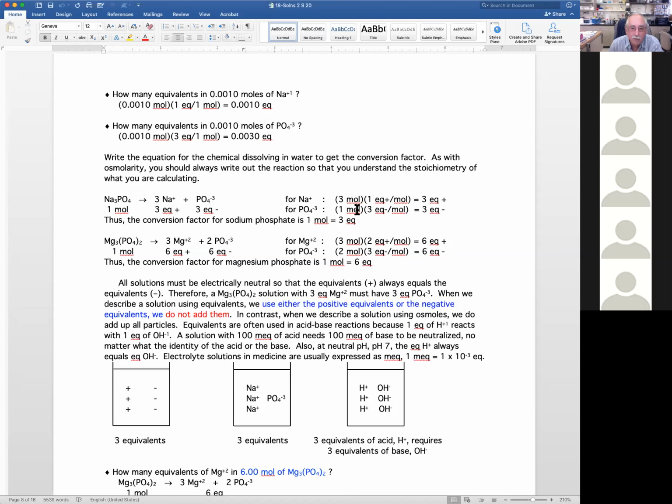For phosphate, we had 1 mole, but at 3 equivalents of negative charge per mole. So we see we get these equal. So what is the conversion factor for sodium phosphate? 1 mole is equal to 3 equivalents. We do not add them up. If I got 3 equivalents of sodium, I have to have 3 equivalents of phosphate.